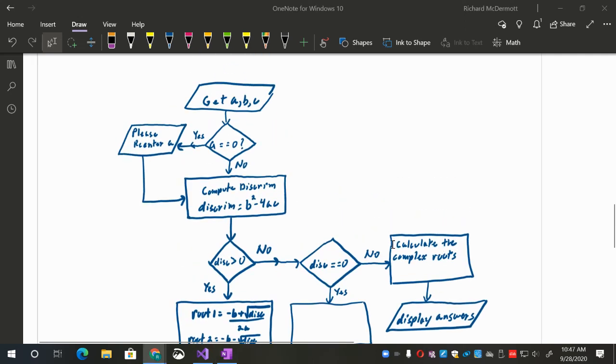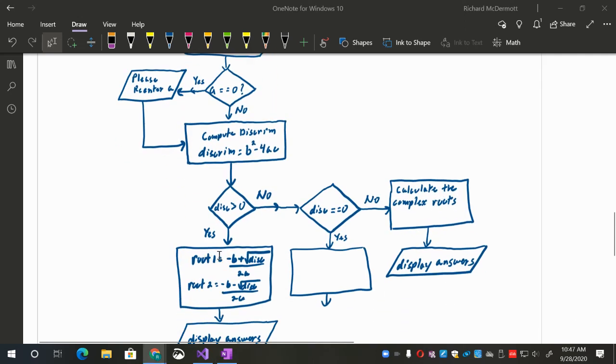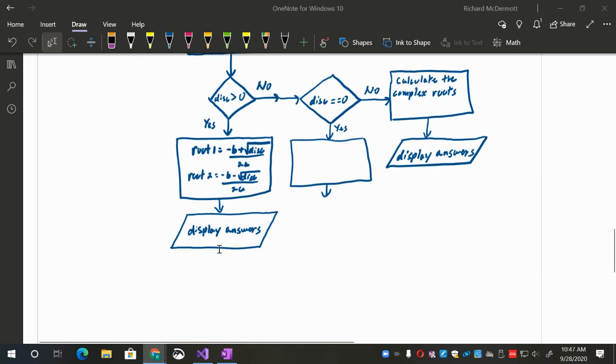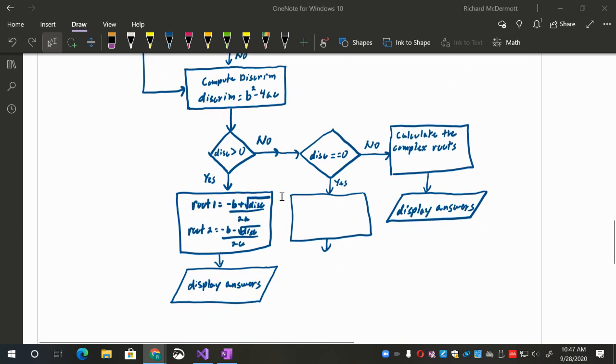Here's the rest of this flow chart. If the discriminant is greater than 0, we're going to calculate root 1 and root 2, and then display the results. If the discriminant is equal to 0, we're going to calculate the double roots, and then display the results.